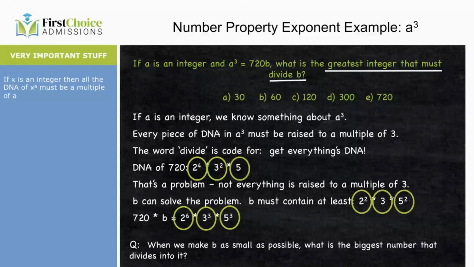We have all of the DNA raised to multiples of 3. And 2 squared times 3 times 5 squared is as small as we can make b. We can't make b any smaller because if we take any DNA out of b, we won't get everything raised to a multiple of 3. So that means b must be 2 squared times 3 times 5 squared.